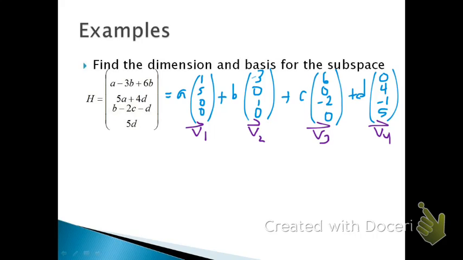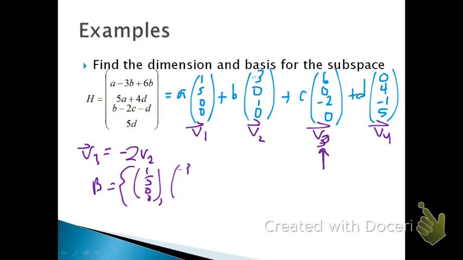If you notice, let's look at v3. v3 happens to be negative 2 v2. Since v3 can be written as a linear combination of the other vectors, we can remove this vector from our set, and we get that our basis is equal to 1, 5, 0, 0, negative 3, 0, 1, 0, and 0, 4, negative 1, 5.